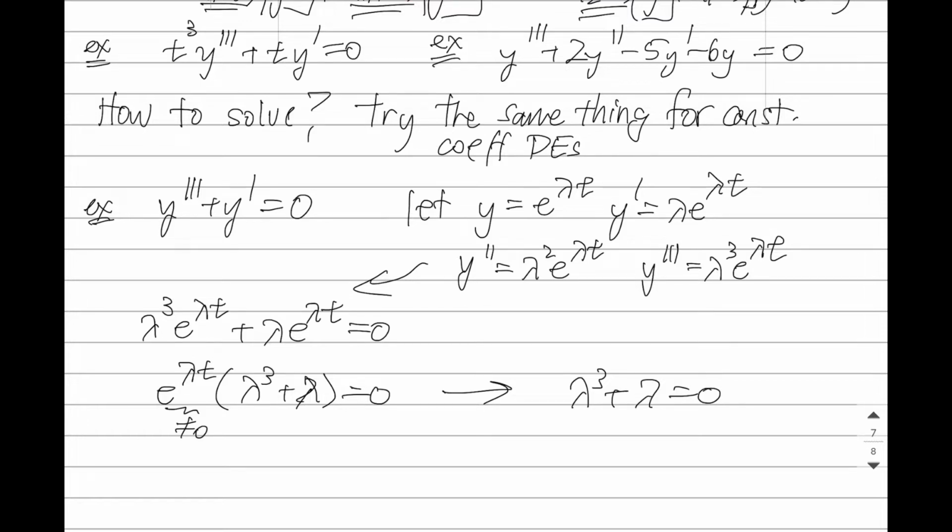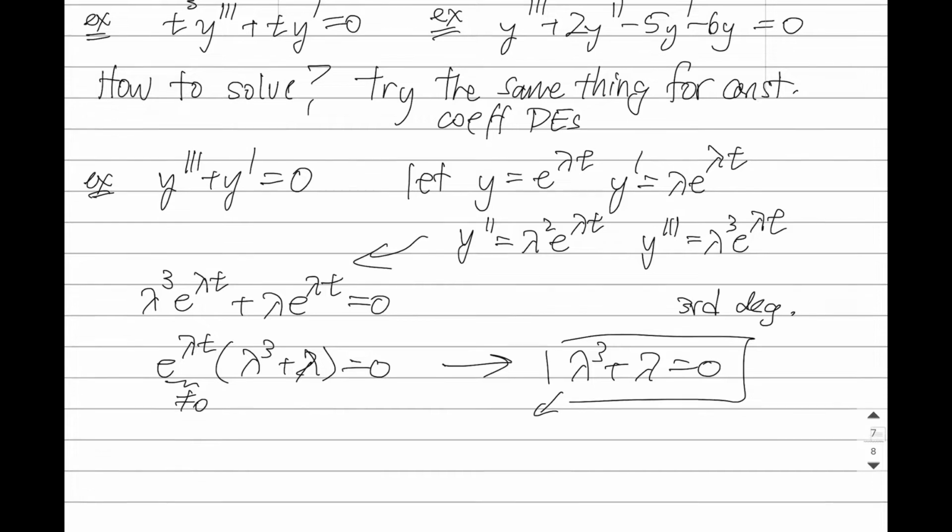The differential equation was order 3. 3 was the highest derivative we had, and so it's no surprise then that the characteristic equation is a third degree polynomial. That's going to happen if you have an nth order differential equation, you're always going to get an nth degree polynomial.